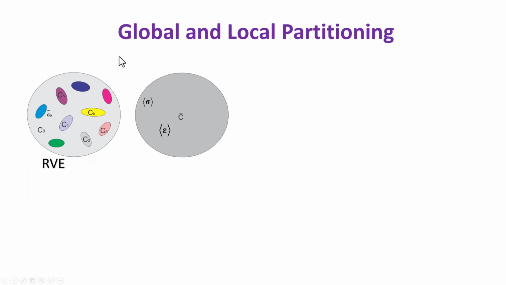Before we get to those methods, we need to distinguish global and local partitioning. So the partitioning we have just written is the strain or strain rate of the kth element as a partitioning relationship of the average strain. A_k is called the global strain or strain rate partitioning tensor.